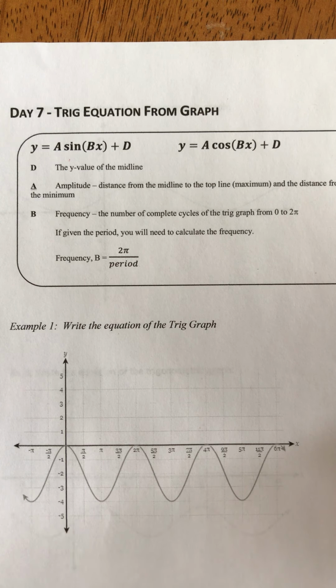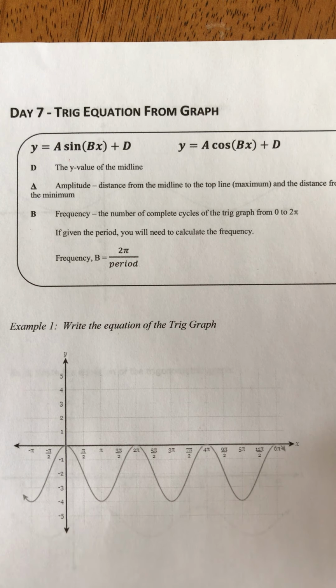And it goes up. So it starts at the midline. When it starts at the midline, it is a sine graph, okay? This one starts on the midline and goes up. So it's a sine graph, and it's a positive sine graph.